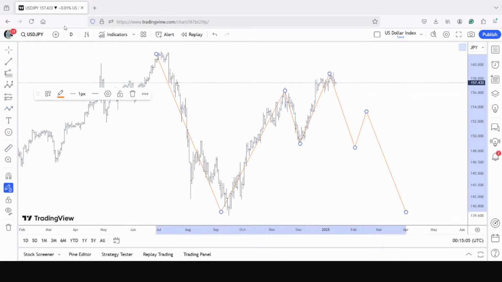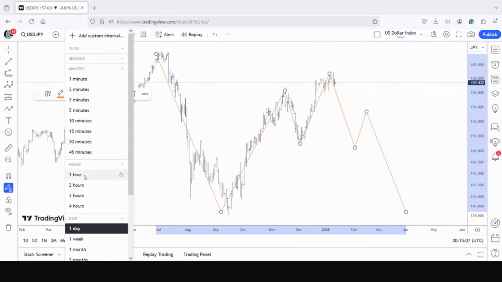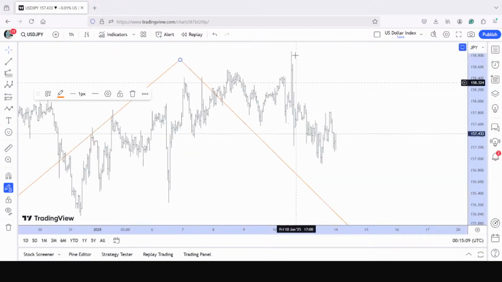All right, and if we go back to an hourly chart, I think that could be the first impulse, but we are still in a corrective mode. There will be a correction higher. If that is wave one, and the A, B, and C wave is underway, then maybe wave two will pick it up or terminate somewhere there.